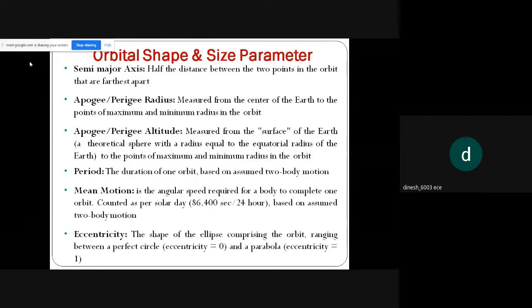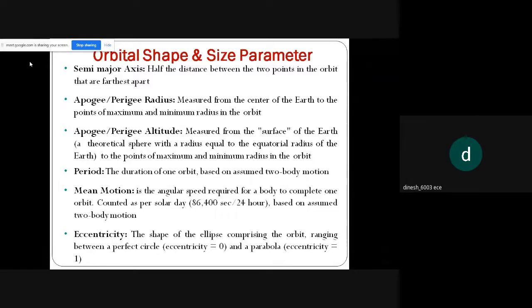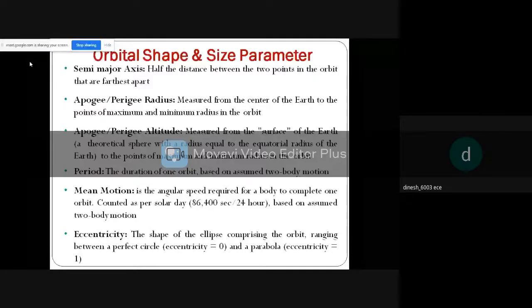So next is period. So period is defined as the duration of one orbit, based on assuming two body motion.